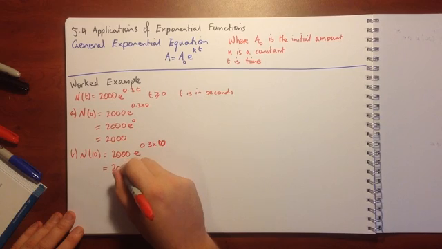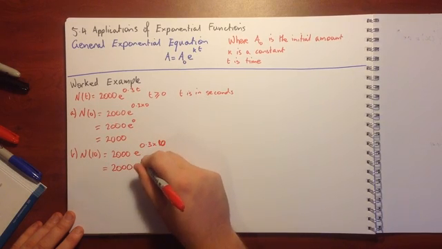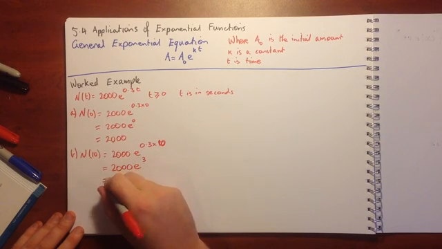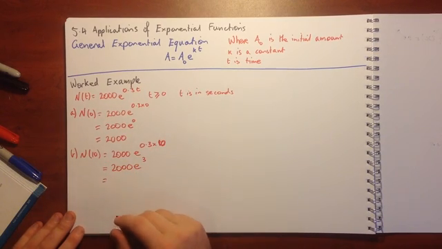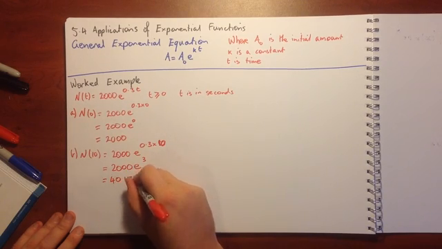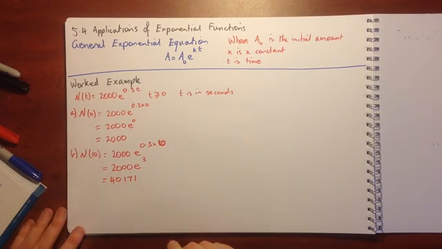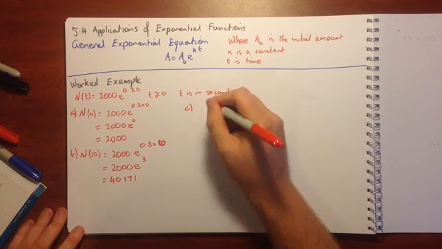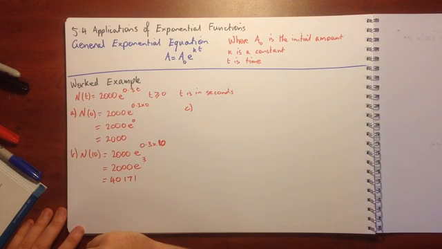So that's 2000 e to the 3, which, when you do e cubed and times it by 2000, gives us 40,171 bacteria present.